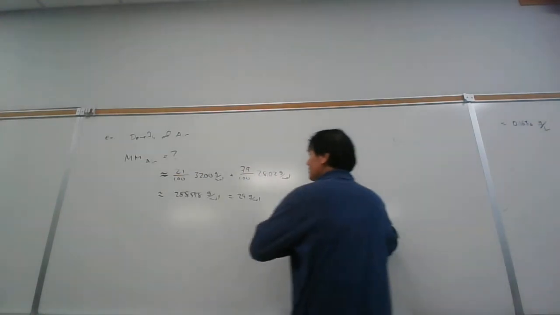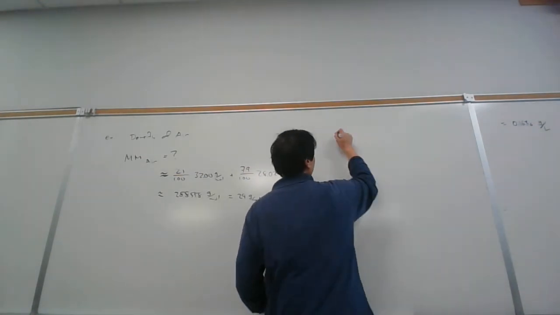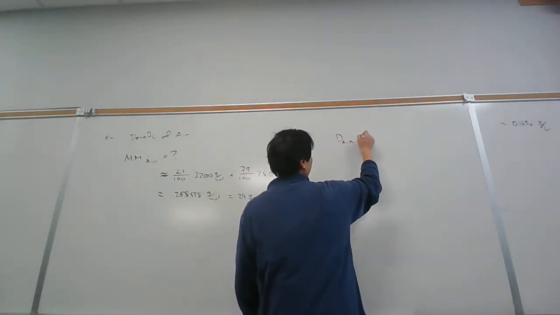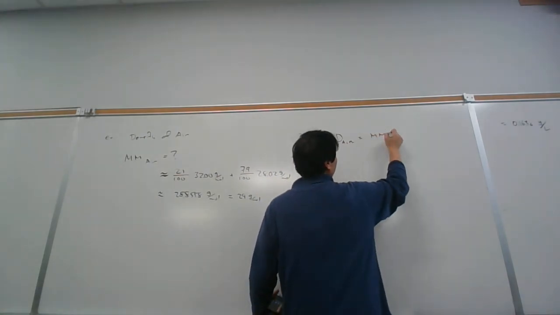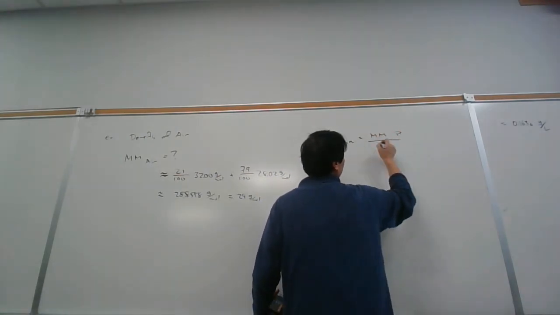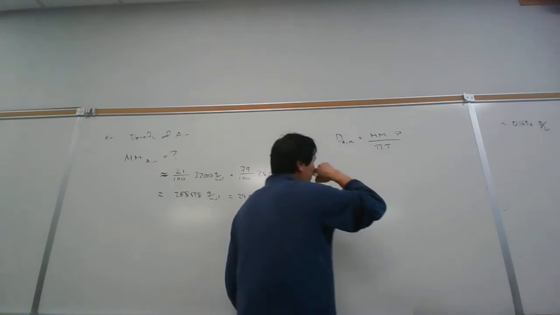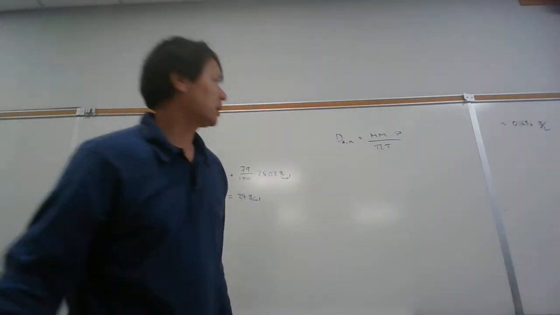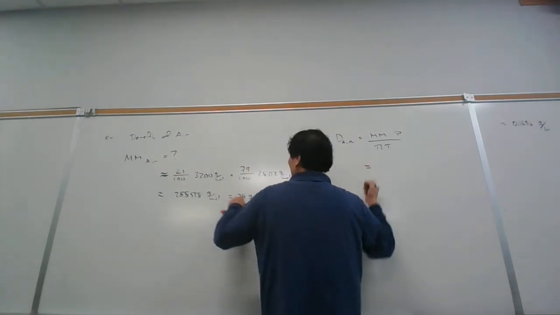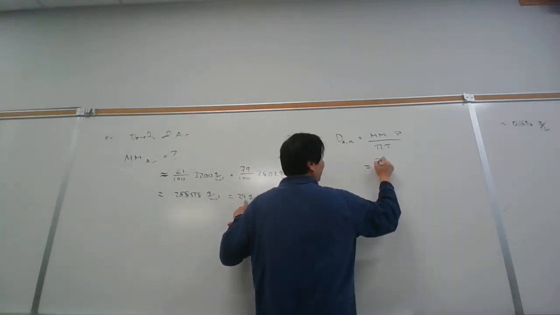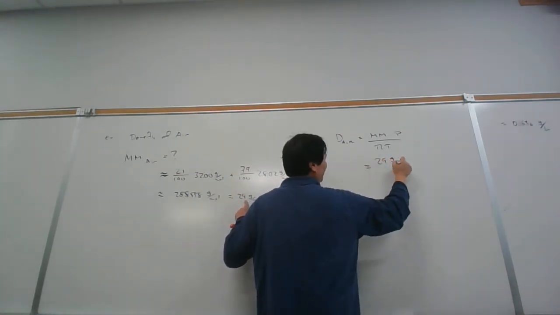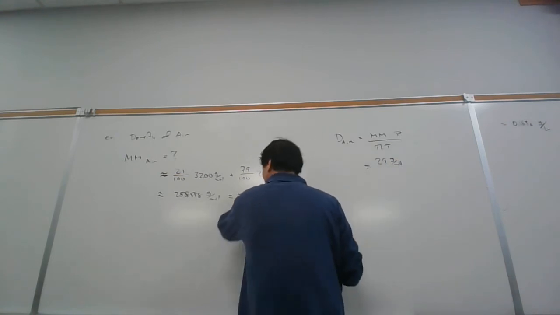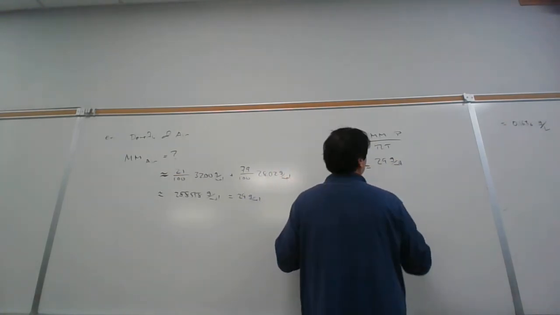Well, okay, if that's the molar mass of air, then let's go ahead and calculate the density of air. The density of air is going to equal the molar mass of air times P divided by RT. Did I get this correct? I don't remember if I got this correct, but we can check it easily. And the molar mass I got is 29 grams per mole, say, roughly.